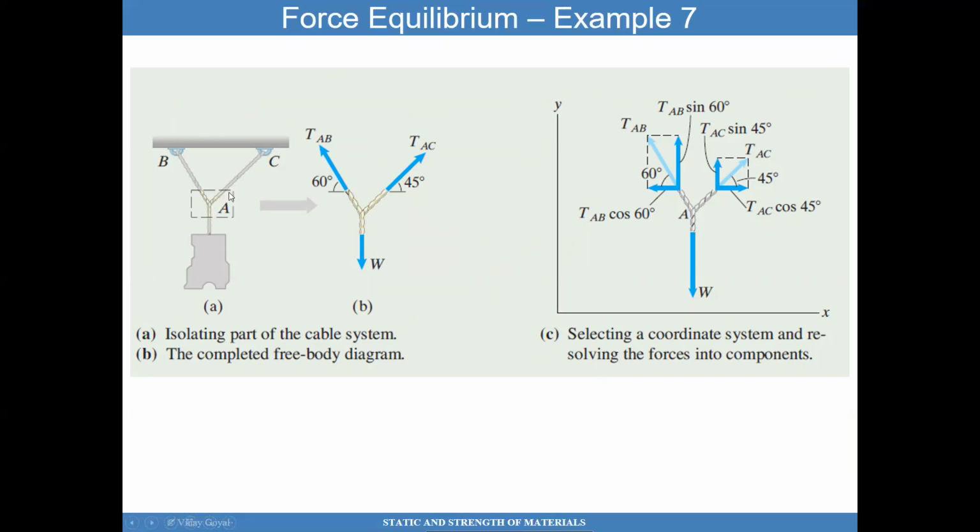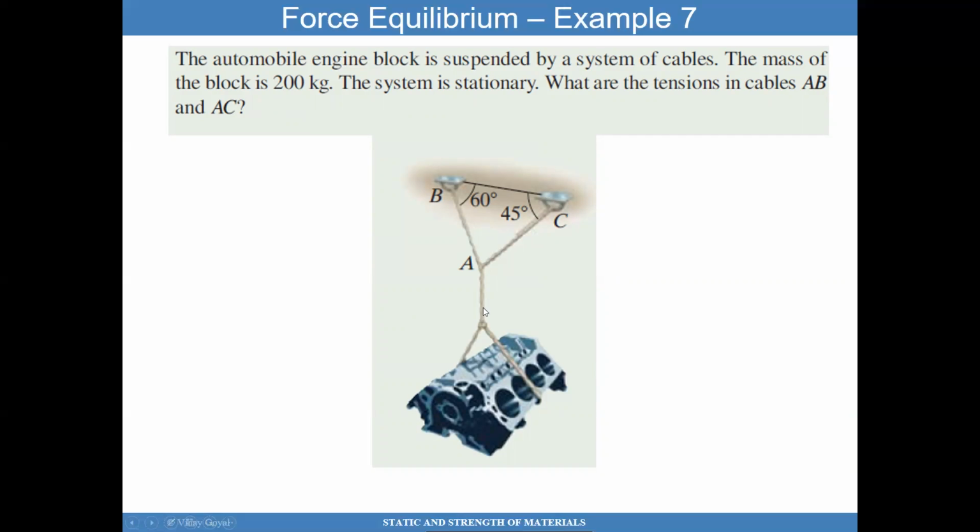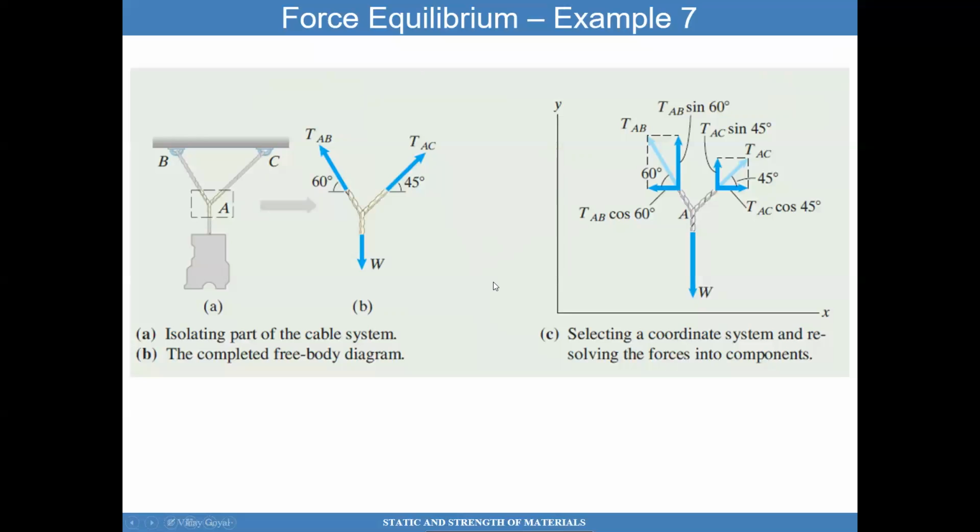I'm going to draw a free body diagram around point A. Why? Because the weight of this engine is known, so it will get transferred to this cable. So it just makes sense to do a cut right here, right there, and right there, and then draw a free body diagram. So I have the cable tensions TAC and TAB, and then the weight here.